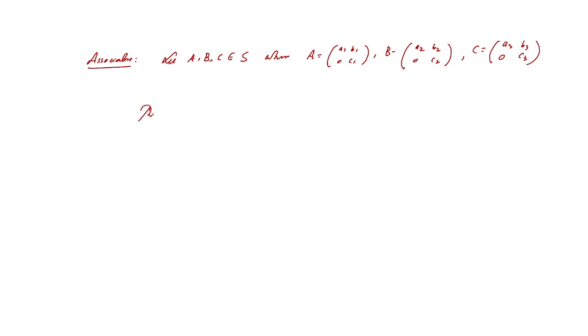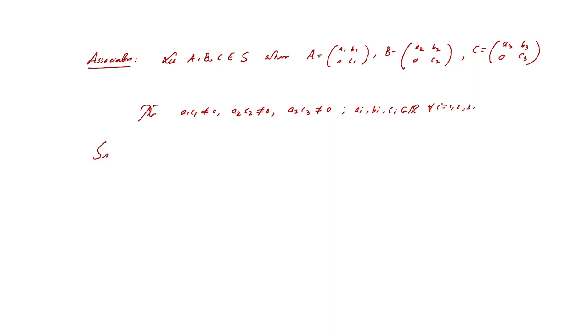Then obviously A1 C1 non-zero, A2 C2 non-zero, and A3 C3 are non-zero, and all Ai, Bi, Ci are real numbers for all i equals 1, 2, 3.